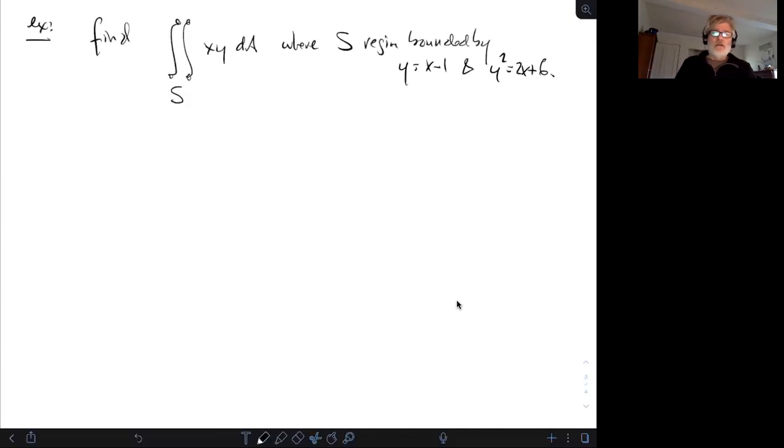Okay? So as opposed to the example we looked at yesterday, the only work you have to do here is basically just describe S in the proper way, and then you can just integrate. You don't have to do more than that.